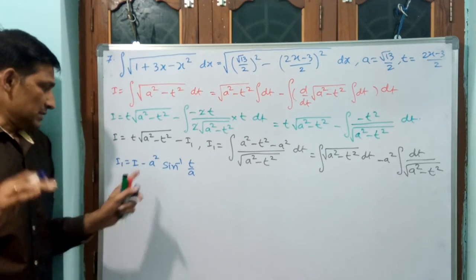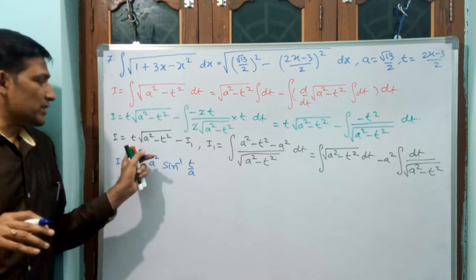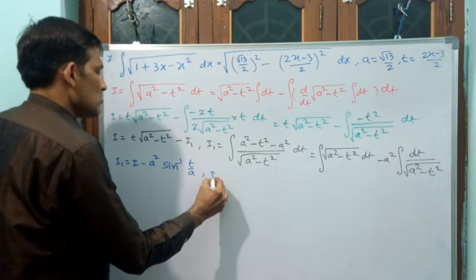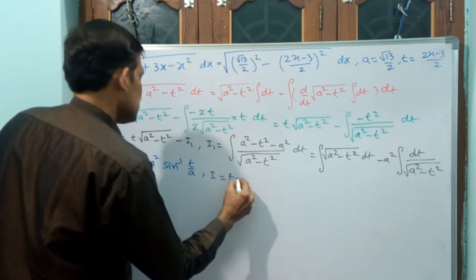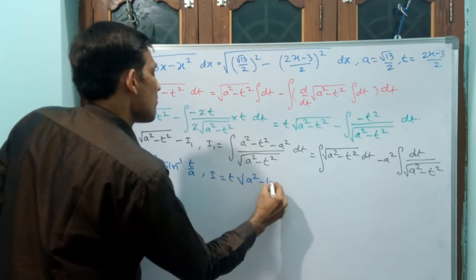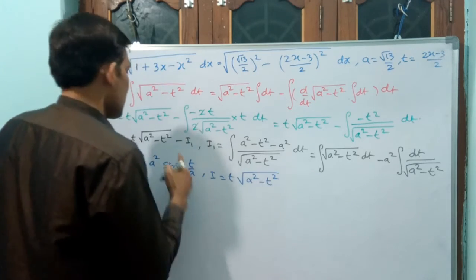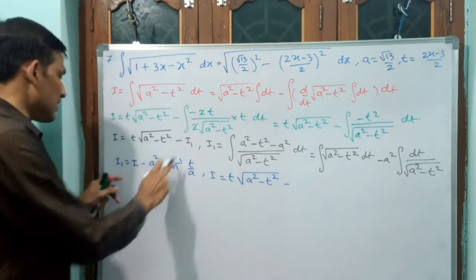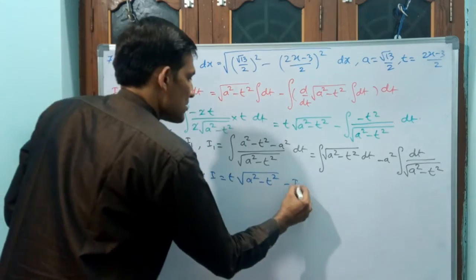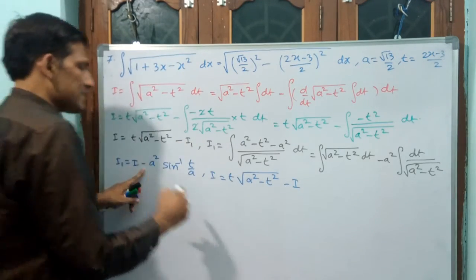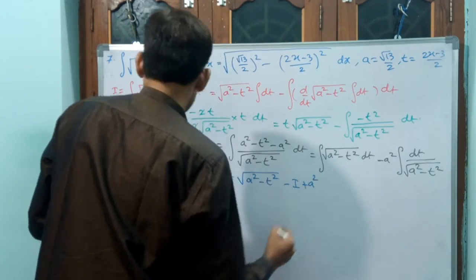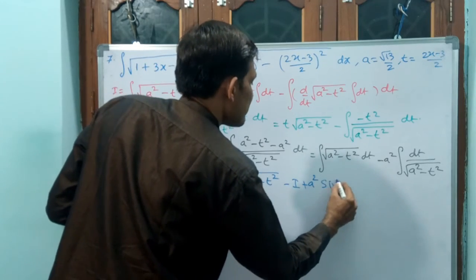Okay? Now see, this I1 you have to substitute in I. Again, right? I is equal to t into square root of a square minus t square minus I1. I1 means I minus of minus plus a square sin inverse t by a.